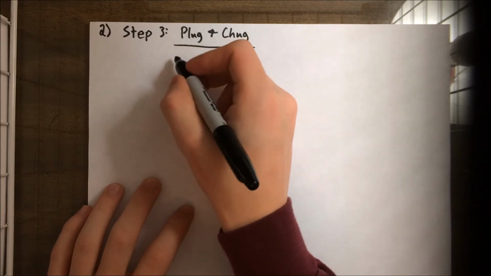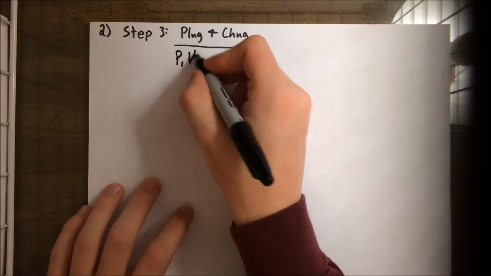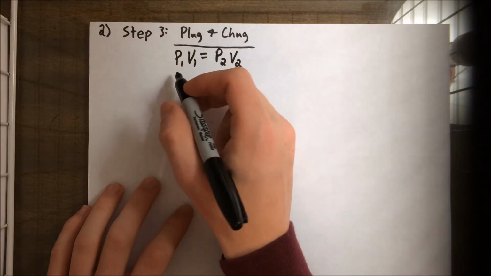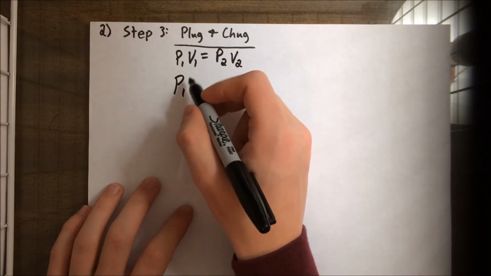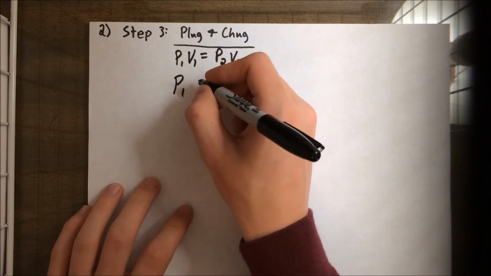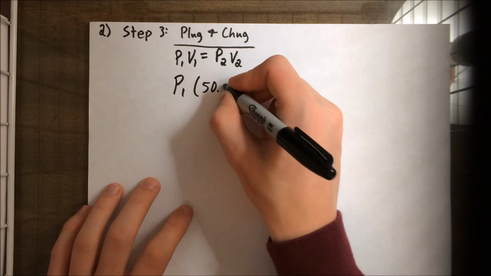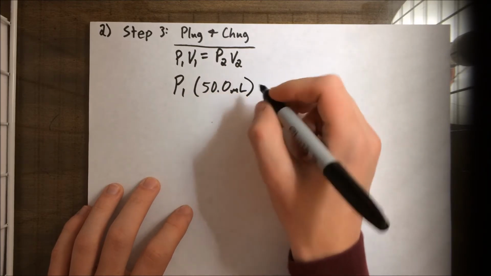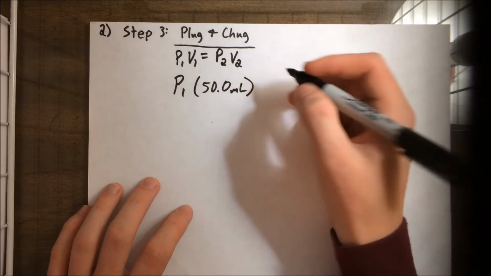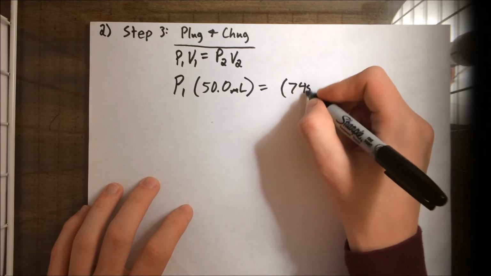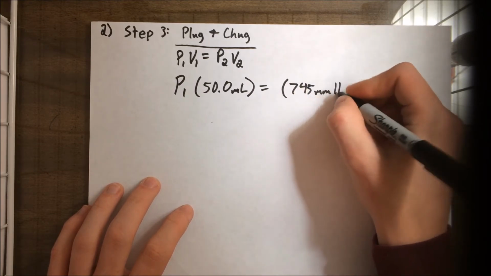So let's go ahead and write the formula again. P1V1 equals P2V2. So let's plug in. So the initial pressure is what we're trying to find, times the initial volume that we converted to get, so 50.0 milliliters, is equal to the final pressure, 745 millimeters of mercury.